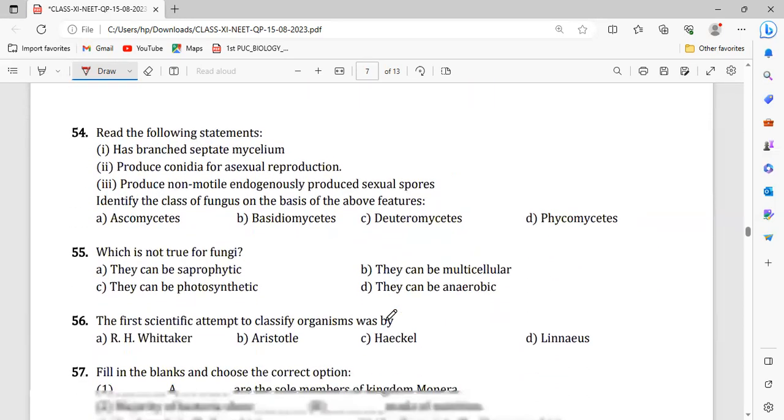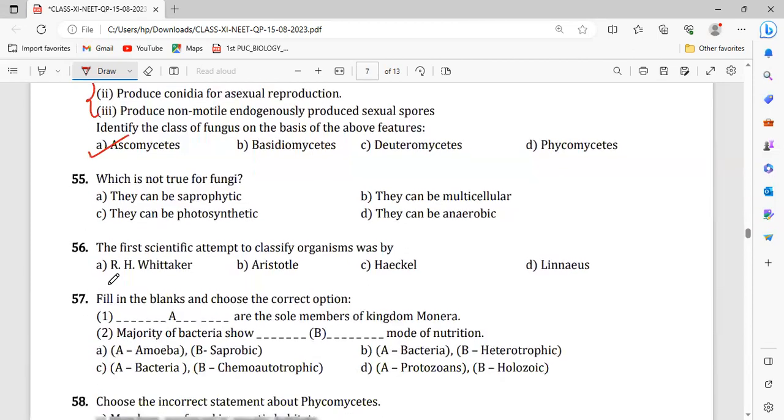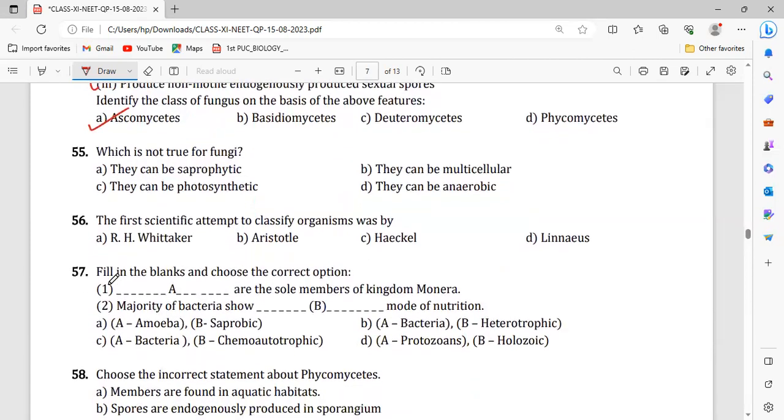Then question number 54. So read the statements and we have to identify to which class of fungus they all belong to. So branched septate mycelium, conidia for asexual reproduction, non-motile, endogenously produced sexual spores. All these are the characteristic features of Ascomycetes. Then, which is not true for fungi.